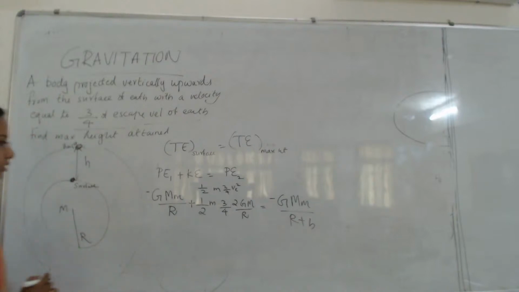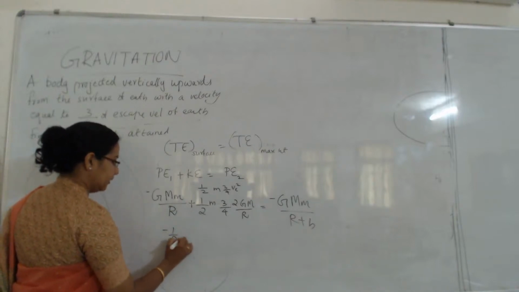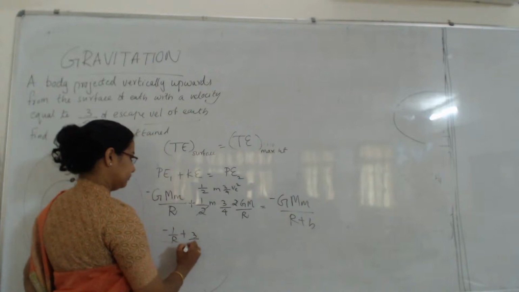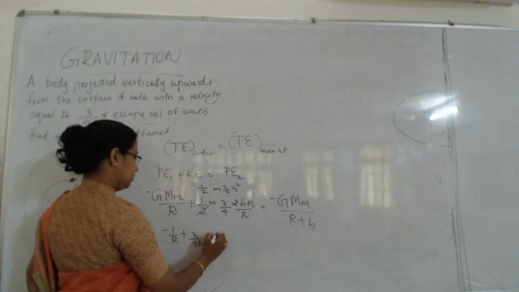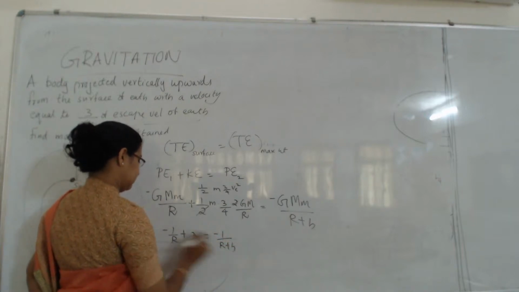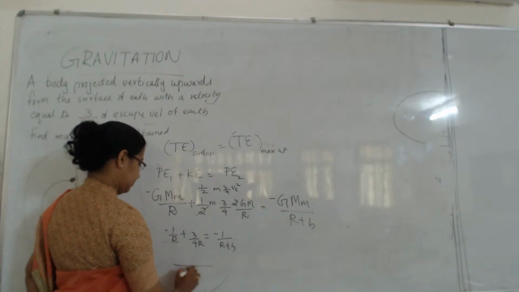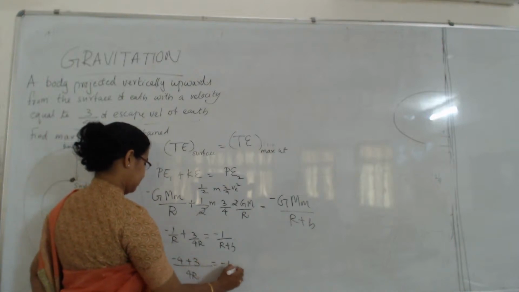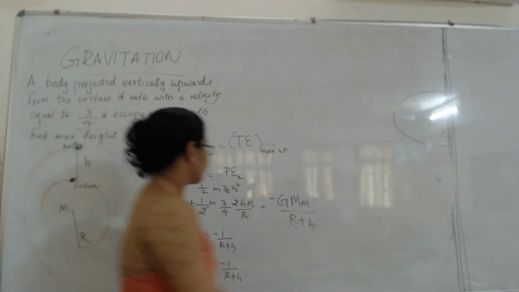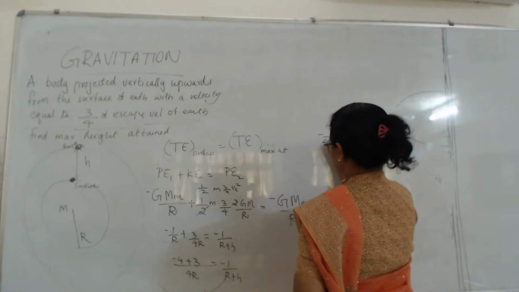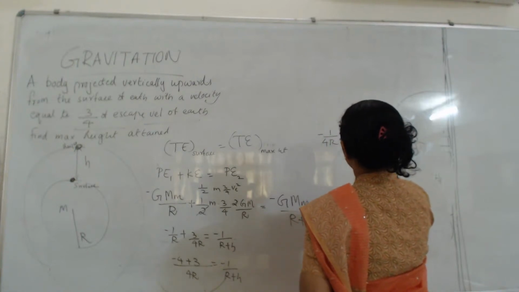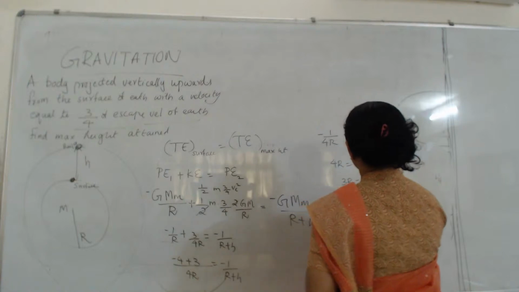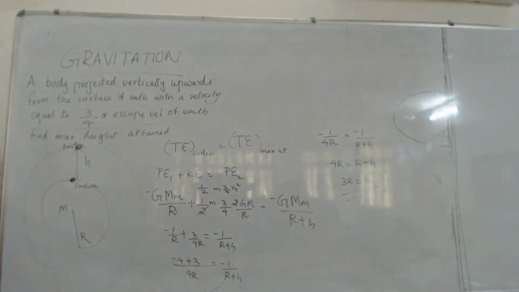GMm is common throughout, the 2 will get cancelled. So the answer I got is h equals 3R.